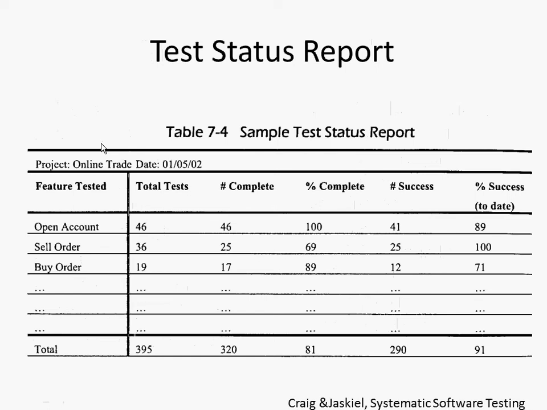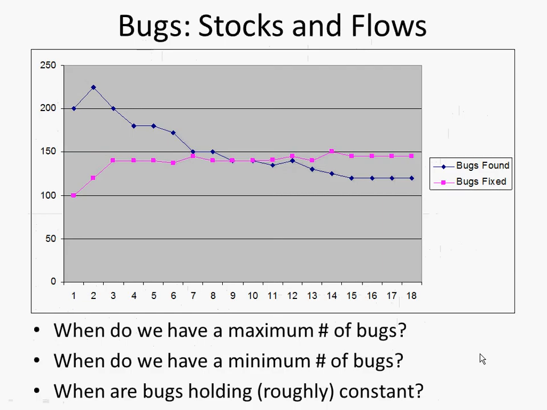What fraction of those tests actually yield favorable outcomes rather than detecting a problem? This can give you some sense about where we're at in the project. And you look at the bottom line here, summarizing across all these different features, and you start to see, okay, we're doing pretty well. We've got 91% of the tests passing.